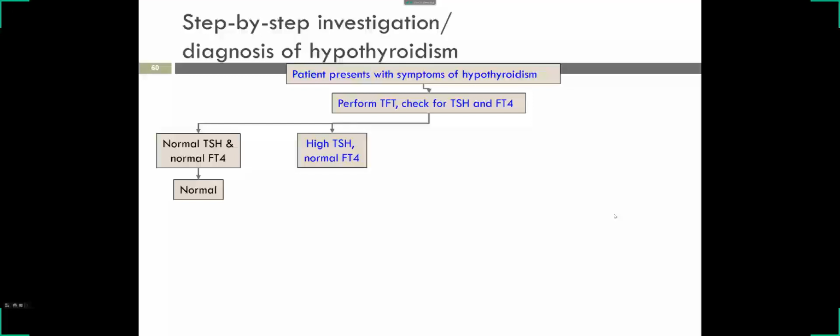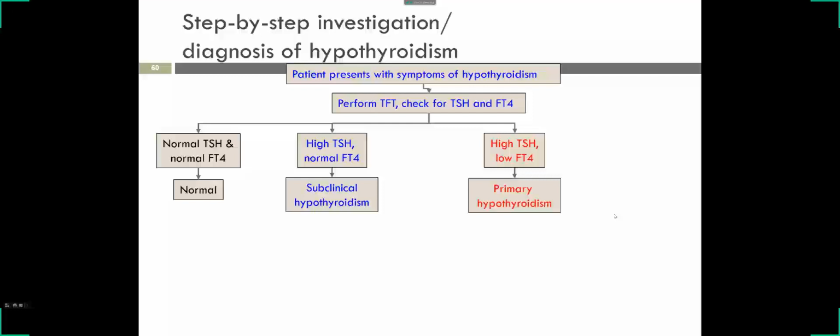What if it's high TSH and normal FT4? Remember, that's the subclinical hypothyroidism that we talked about. So in that case, you might measure again in 3 months. High TSH, low FT4.